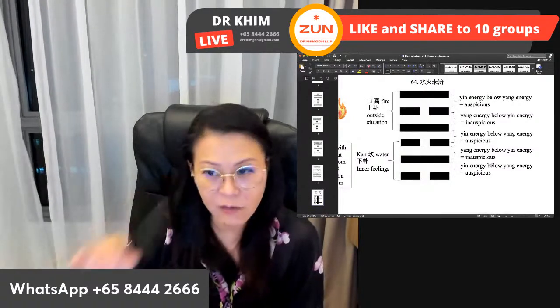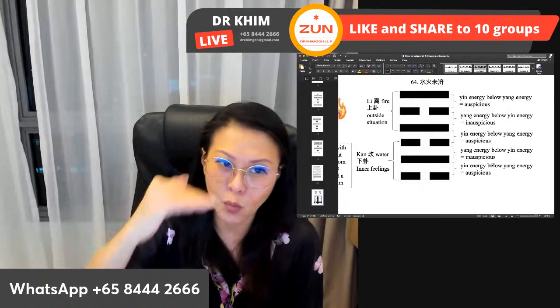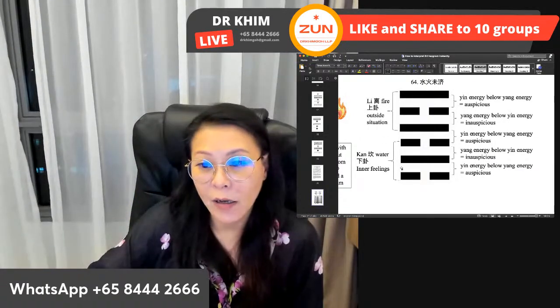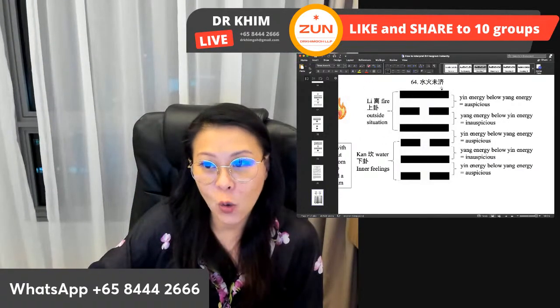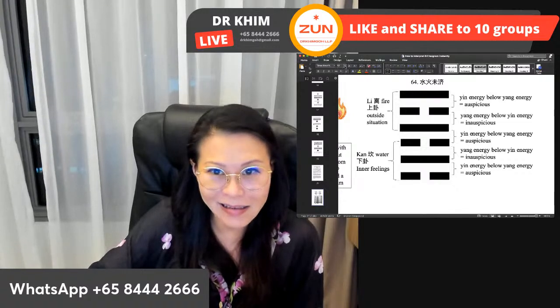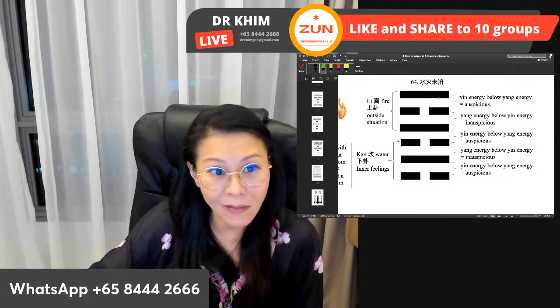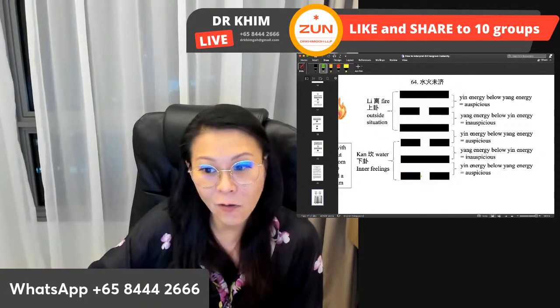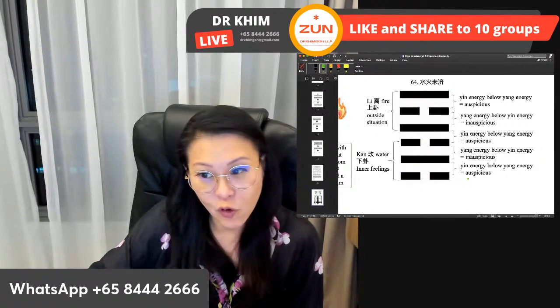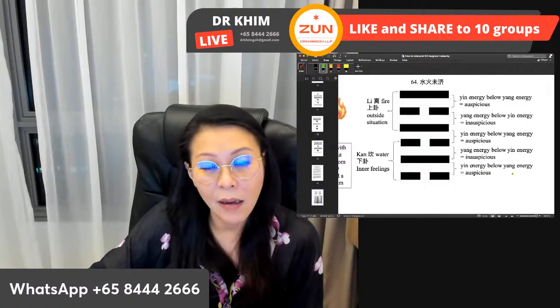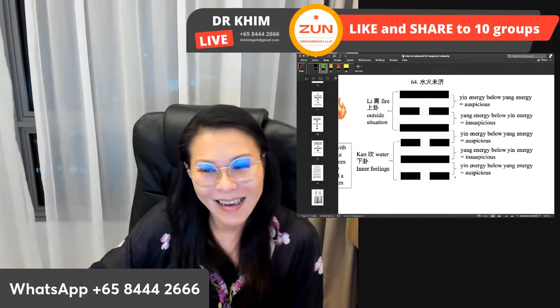Because in I-Ching theory, the man is on top, the woman is below. So like 水火未济, the last hexagram, there is wisdom inside. Line 1 is supposed to be a yang line, but line 1 is a yin line.